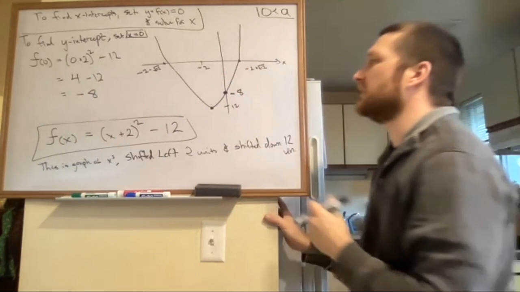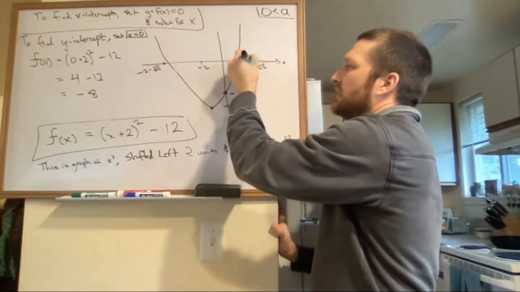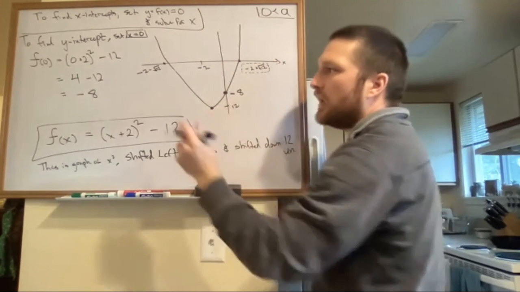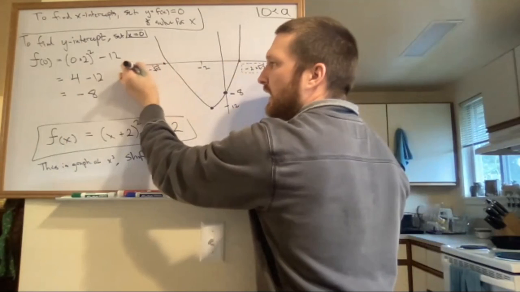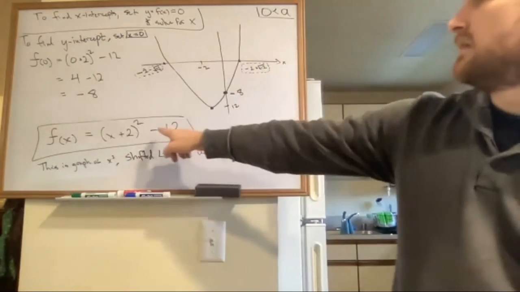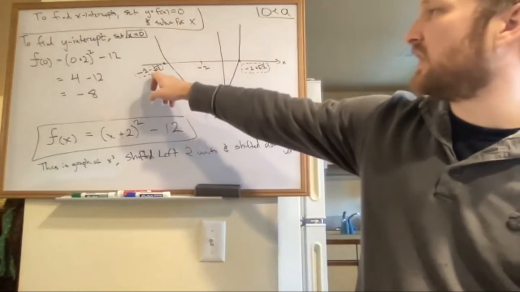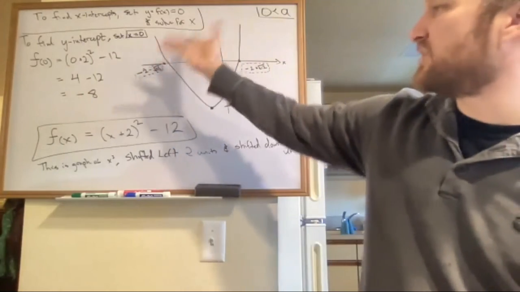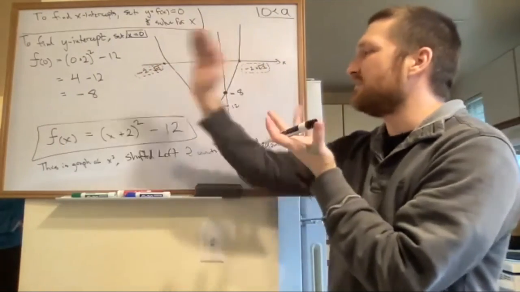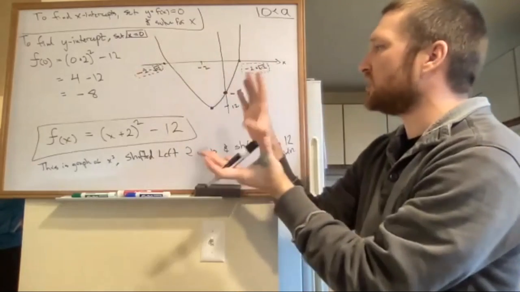The really tricky thing is getting these guys right. But I am okay with you using a calculator, if you want to see. You are definitely going to want to check when you get stuff like this and you solve, you're going to get minus 2 plus or minus the square root of something. It's not always easy to see if they're both positive, both negative, or where they show up.